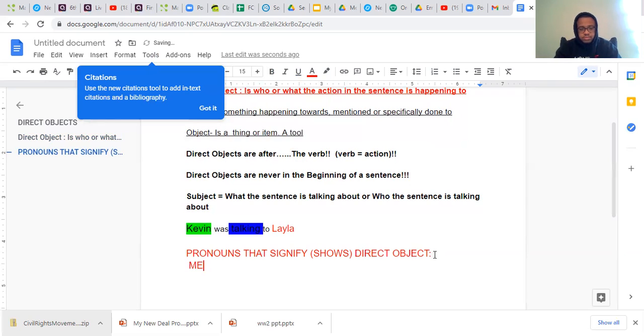Me, us, them. There's a few others that I may not be recalling at the time. Pronouns that signify direct object: me, us, them. How do we know that?